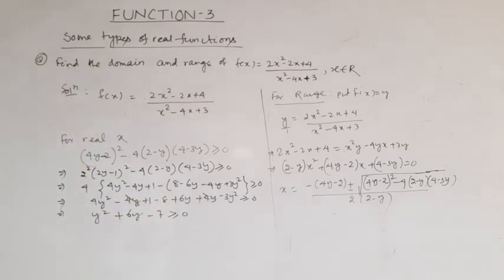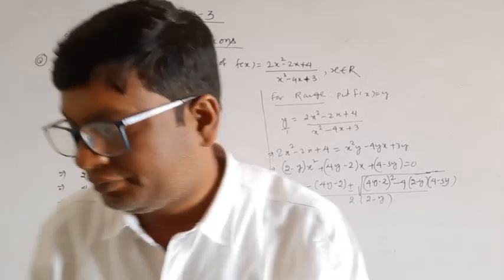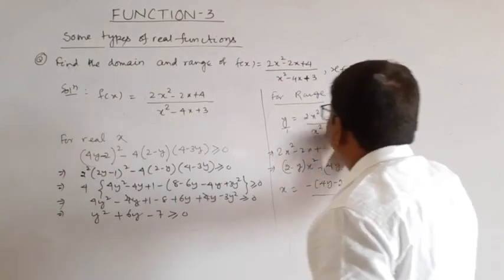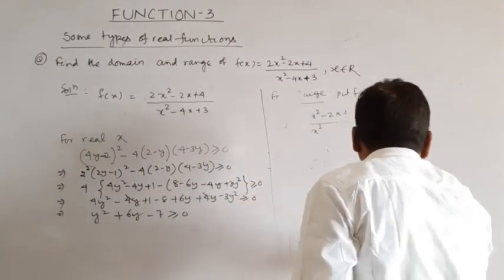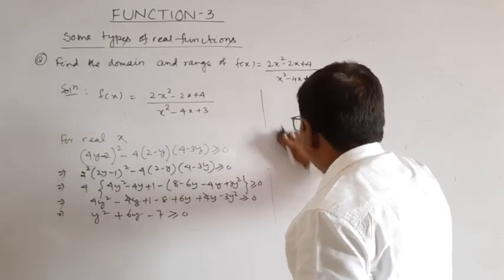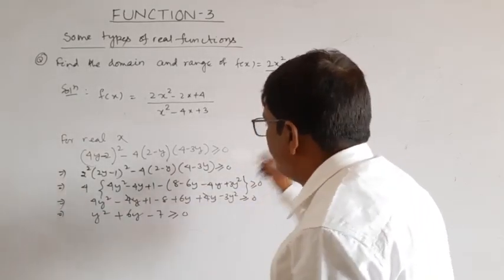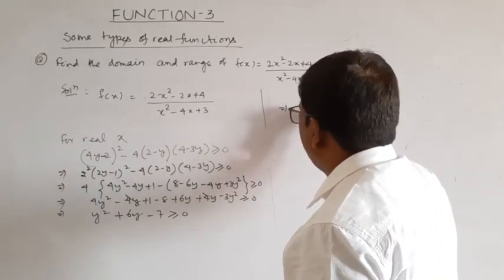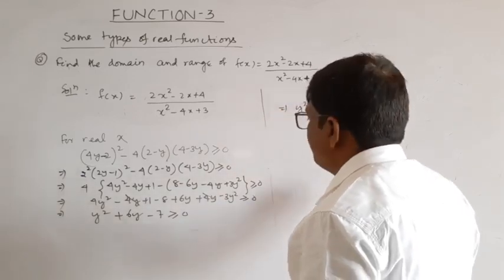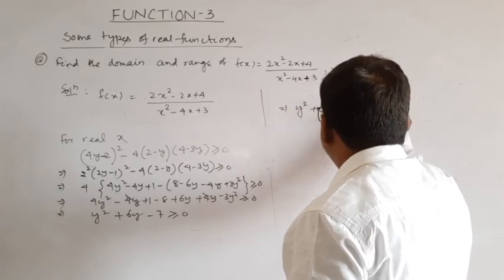Now factorize this. That implies y square plus 7y minus y minus 7 greater than or equal to 0.